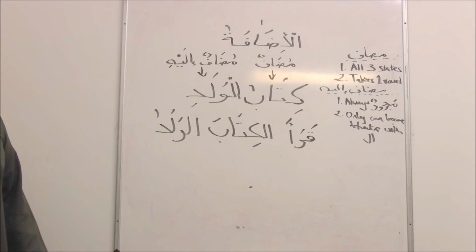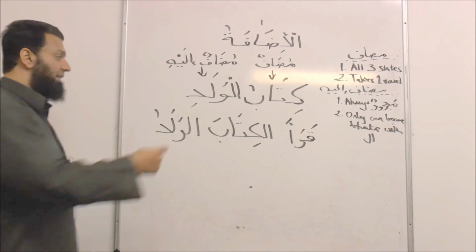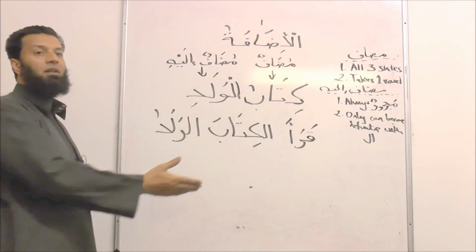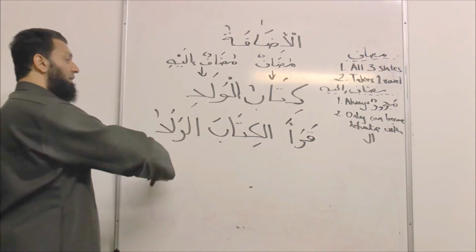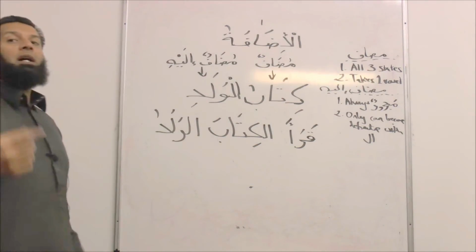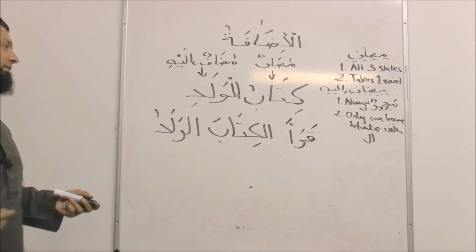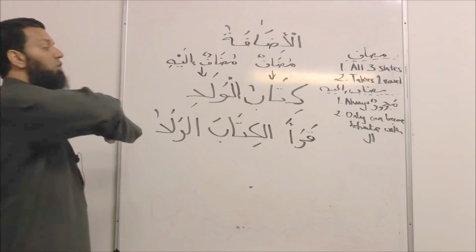Right? So when you would break that sentence down, the maf'ulun bihi would be in the middle. It's not normally in the middle. It's normally after the doer. But why did I change the word order? To illustrate the point that they can actually be changed.